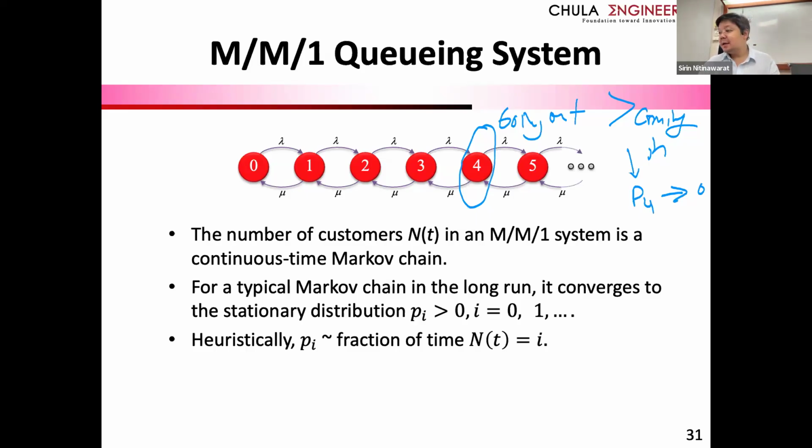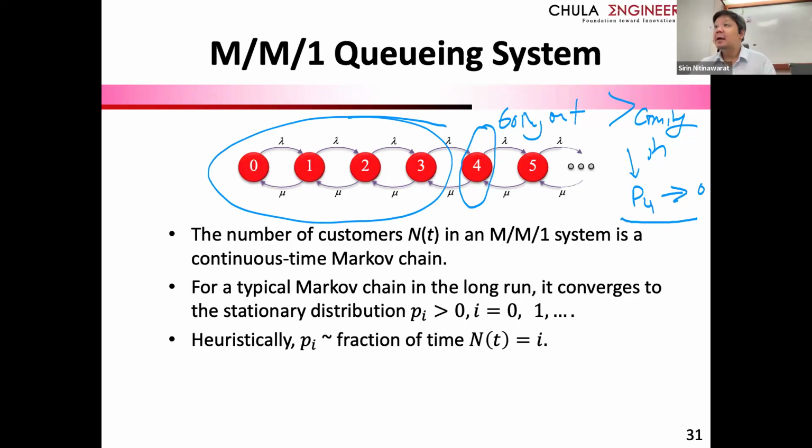So that means in the long run, if going out of P4 is larger than coming in to P4, eventually P4 will go to 0. And if you start off at 0, you are only confined to this state. Do you think that's the case for the M/M/1 queue? That cannot be, right? Because the system is random. If you let it run for a long time, you should be able to visit all states, right?